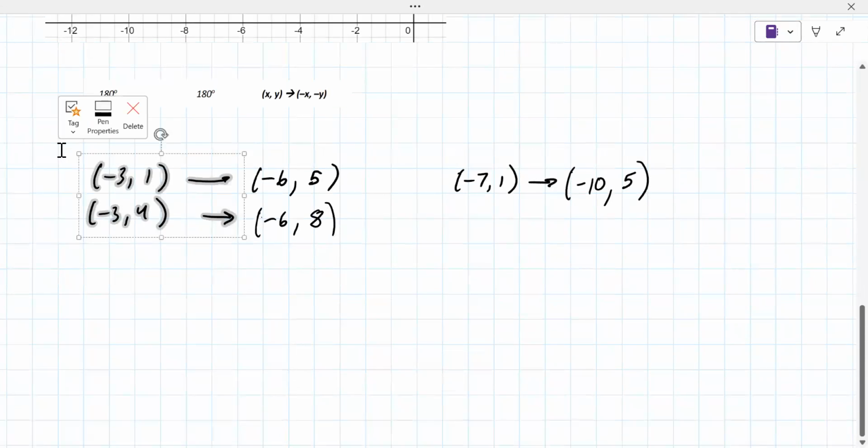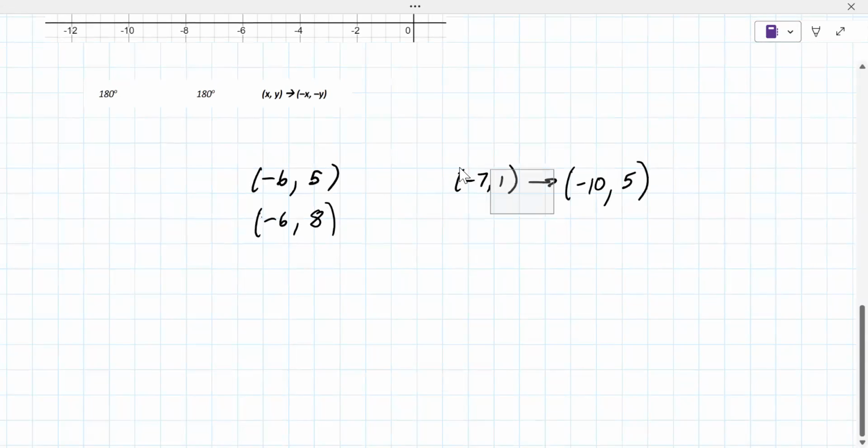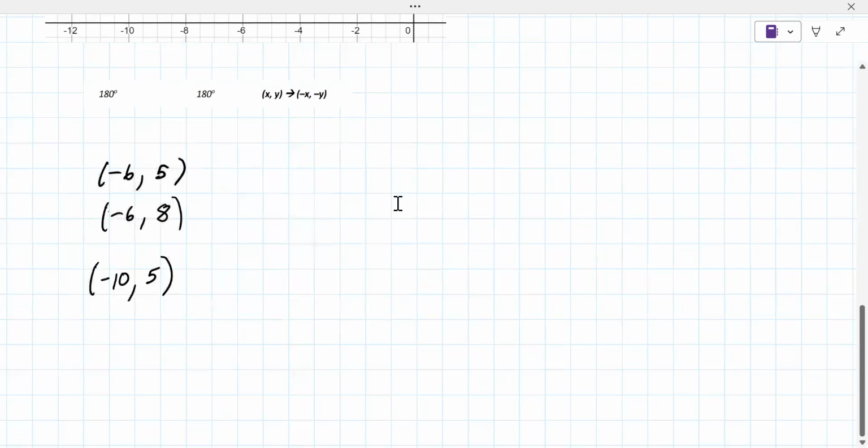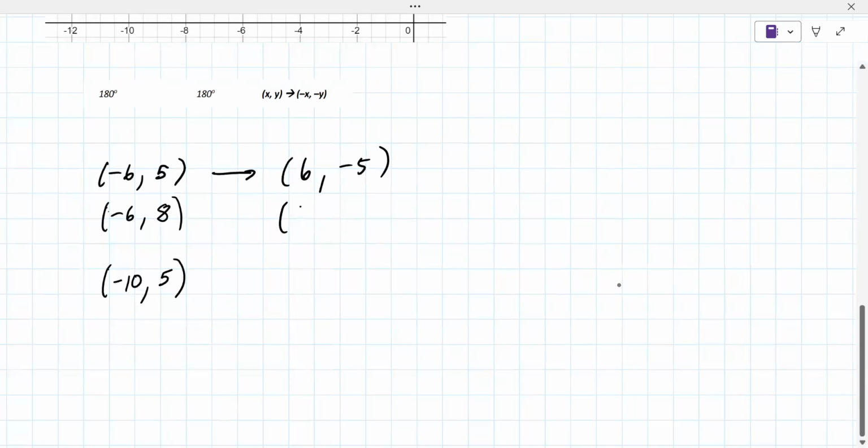So we need to grab the new ones here. Okay, and we need to do this transformation. So basically you negate the X, negate the Y. So it's not that bad. And so this is now A double prime, B double prime, and C double prime.